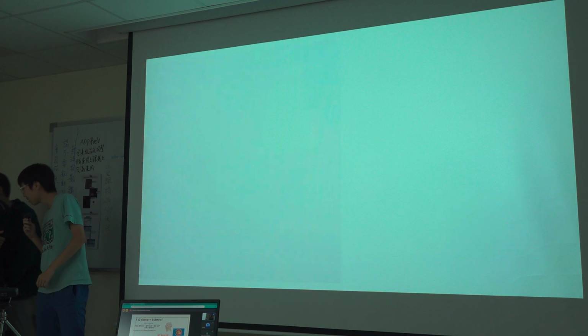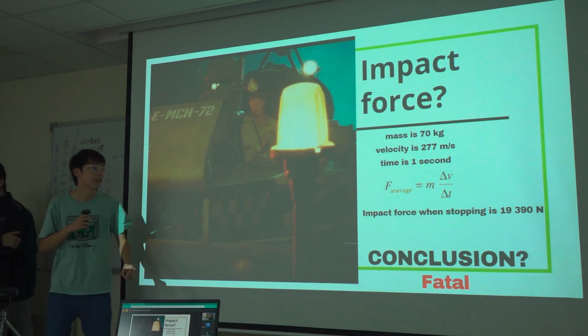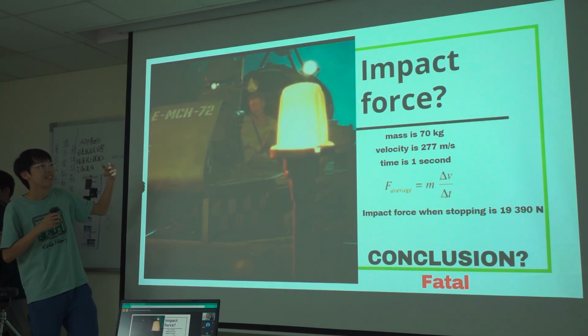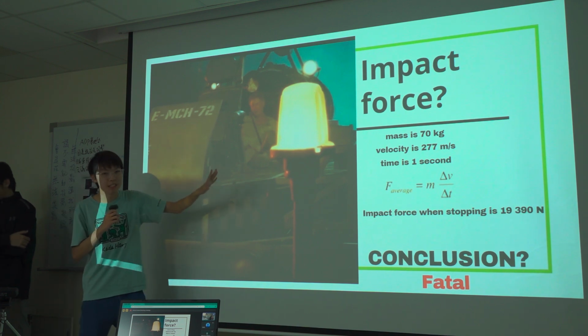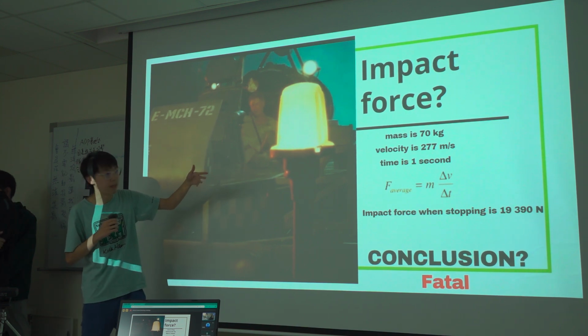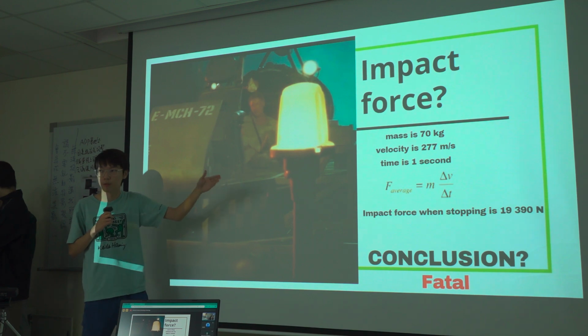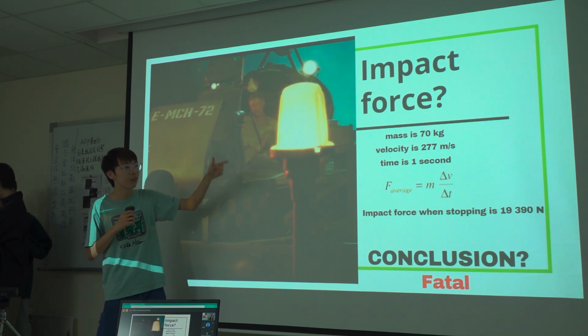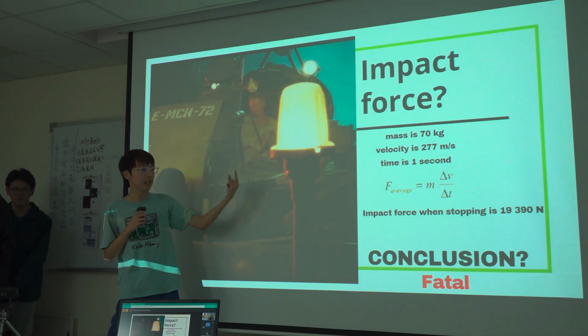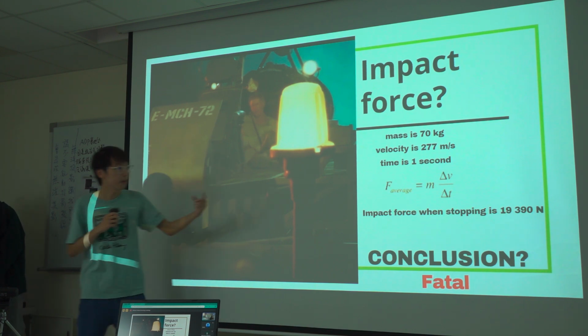Everyone understand this? Okay, the impact force. This is one of the things that doesn't make sense. Let's assume his weight is 70 kilograms, the average human male weight. Velocity 277 meters per second. Time is 1 second. This might be okay.